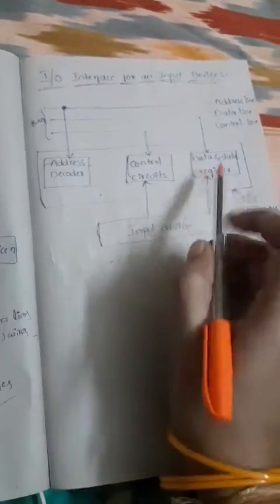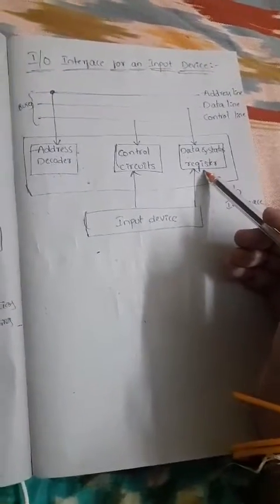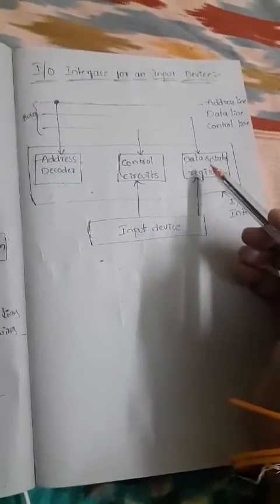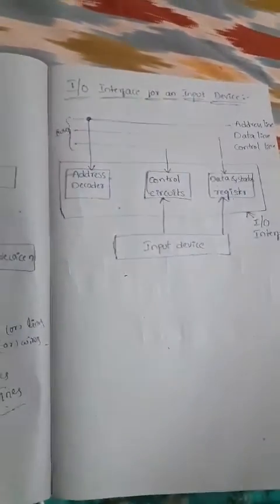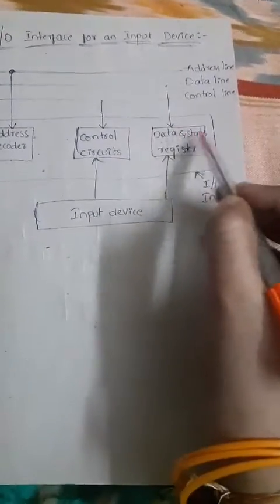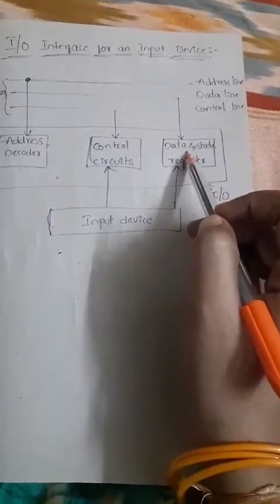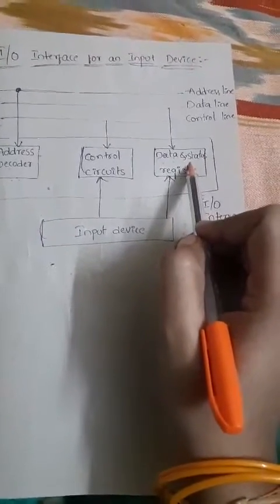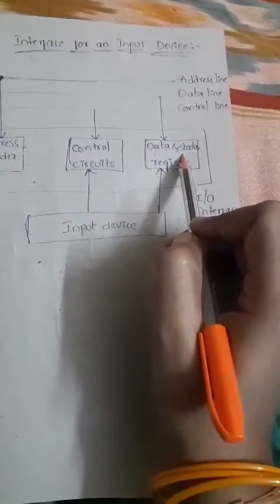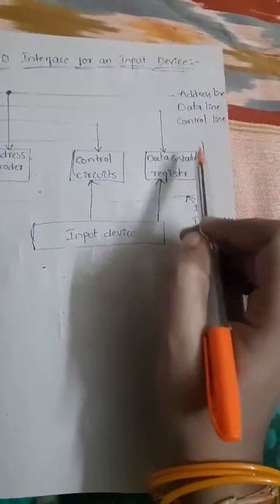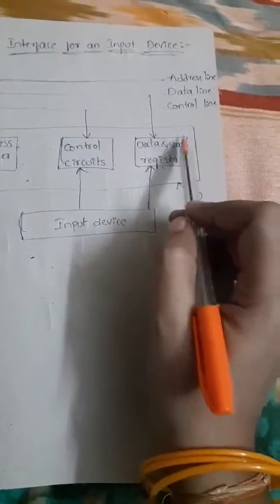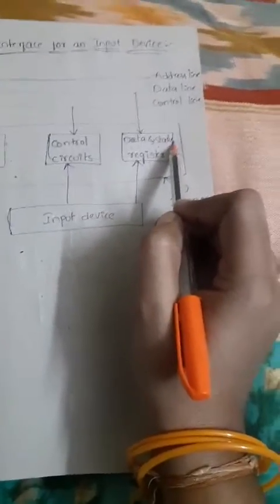Now coming to the data and status register: the data register holds the data being transferred from the main memory. The data register holds the data content from the processor, and the status register contains the information relevant to the operation of the input output device.